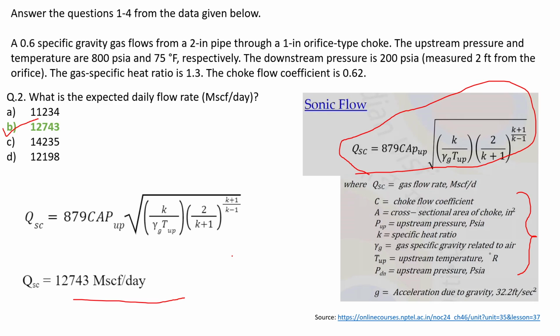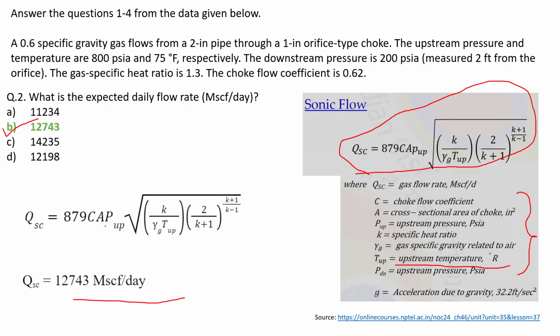Here all the values are known to us. The K value is known, that is 1.3. The gamma G value is known, which is 0.6. The T upstream value is given, that is 75 degrees Fahrenheit, which we have to change to Rankine, as T upstream has to be in degrees Rankine. The upstream pressure is also known to us in psia.